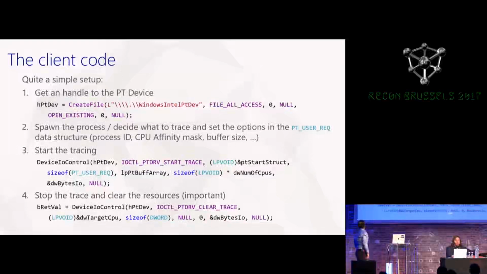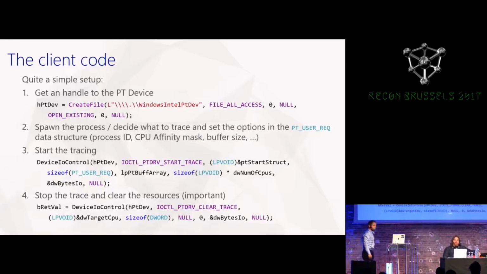Okay, some quick words about how to use the driver. As you can see, the code is quite simple. First of all, you have to grab a handle to our device. It's quite easy. The device name is Windows Intel PT Dev.